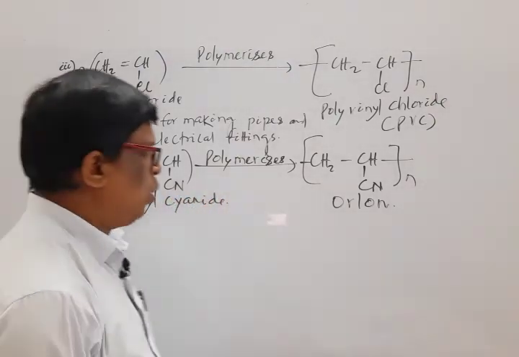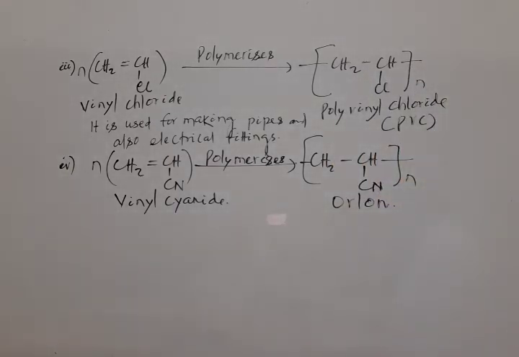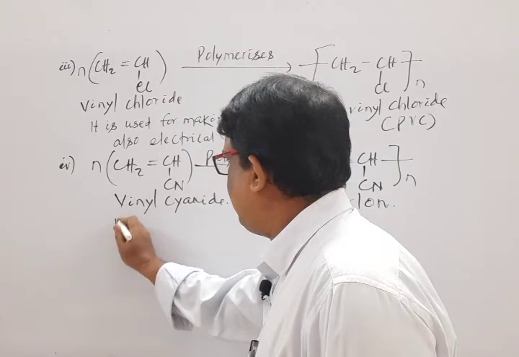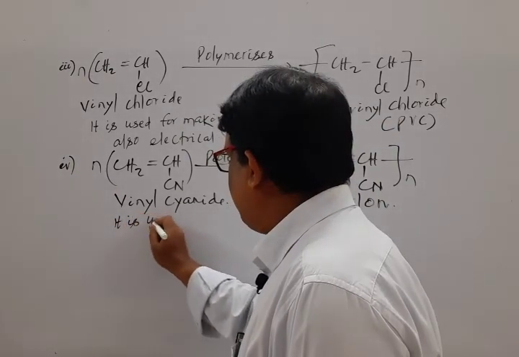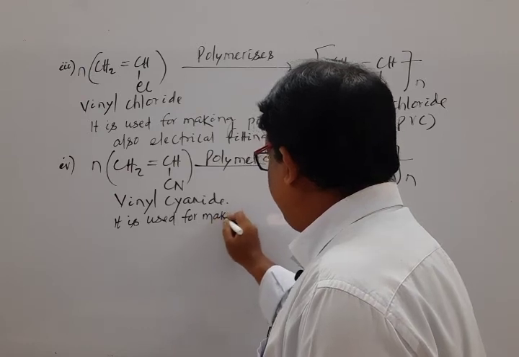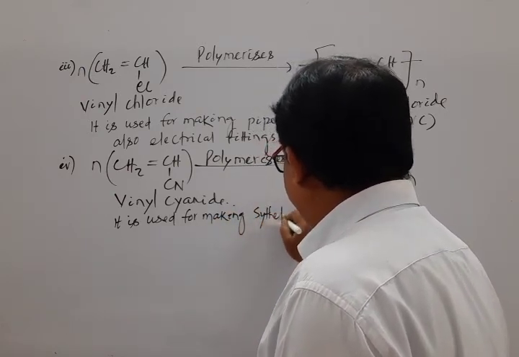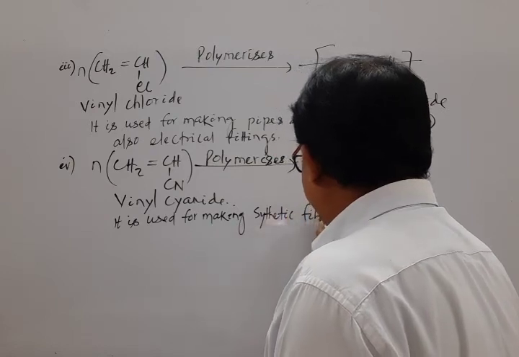Here monomer is known as vinyl cyanide and polymer is known as Orlon, which is used for making synthetic fiber. Note down one line. It is used for making synthetic fiber.